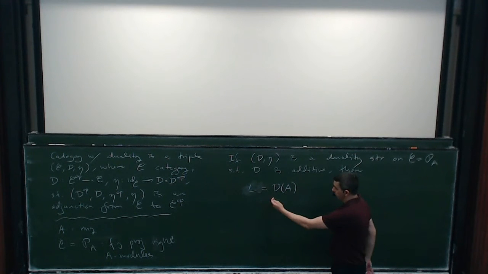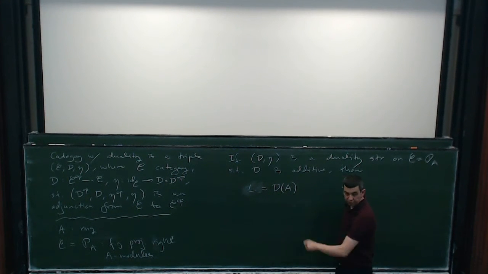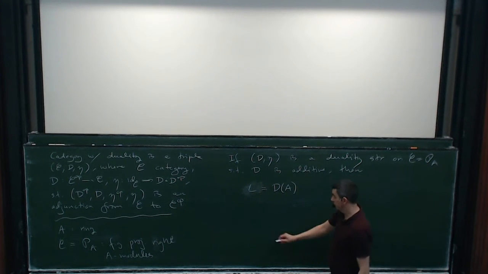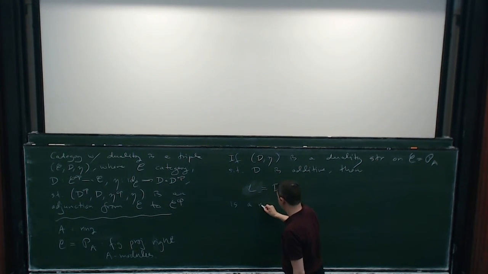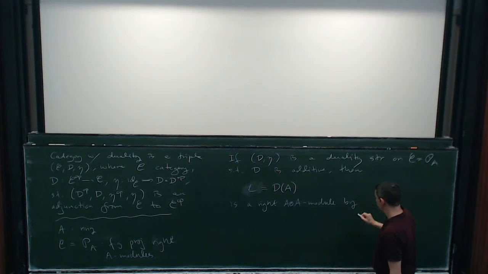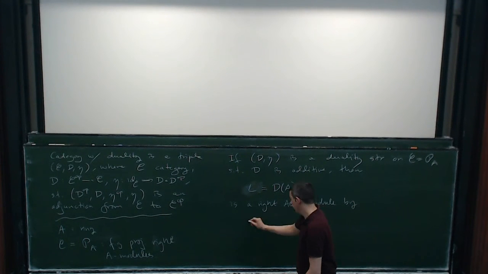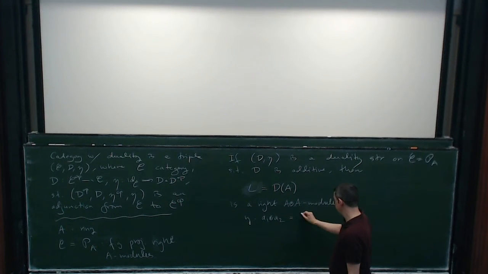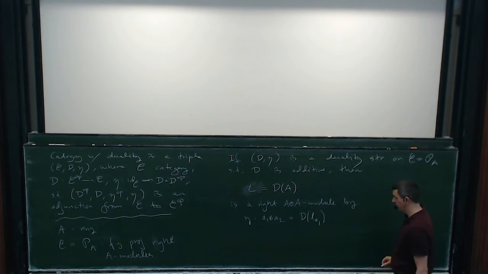But A also has a left A module structure, and since D is contravariant, that gives another right A module structure. So this is a right A tensor A module by saying that y times (A1 tensor A2) is D of the map induced by left multiplication by A1 of y times A2.